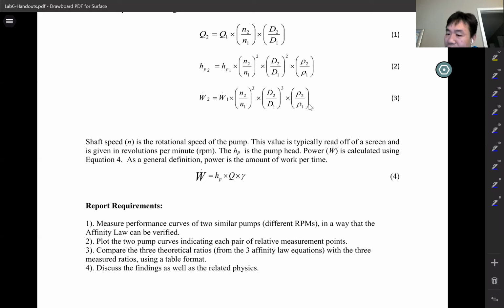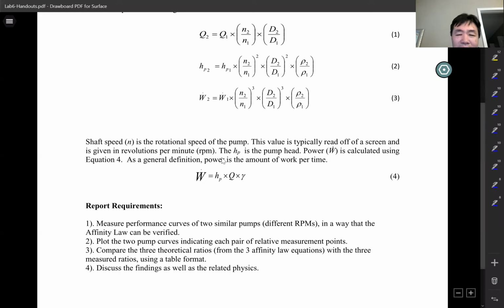So you have to measure both pumps at that valve opening, in the same condition. When you set the same valve opening, you switch the RPM back and forth and get the 2 pumps measured for flow rate, pump head, and W. Then the Q between these two RPMs, the HP between the 2 RPMs, and the W's between the 2 RPMs should satisfy the affinity law.